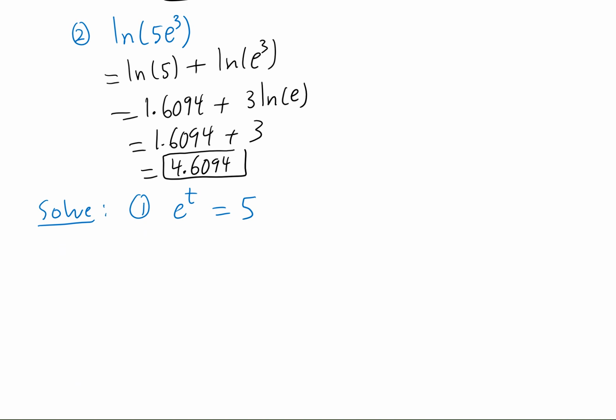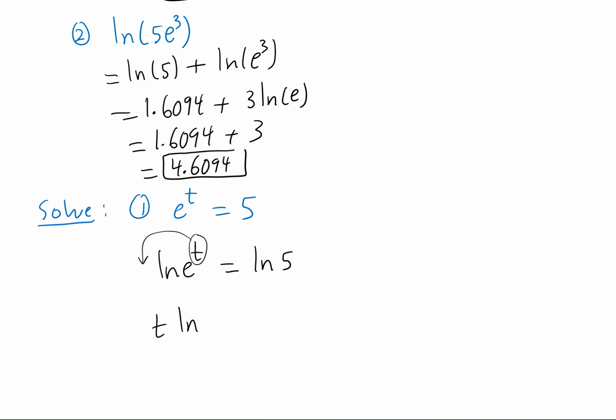Next one, how are we going to solve this equation? The problem with this equation is having t on the top. Makes it more difficult. So to be able to solve such an equation, what we are going to do is natural log both sides, because natural log has the property that allows us to bring the t down.